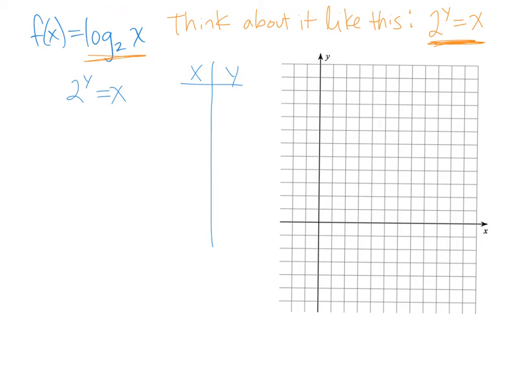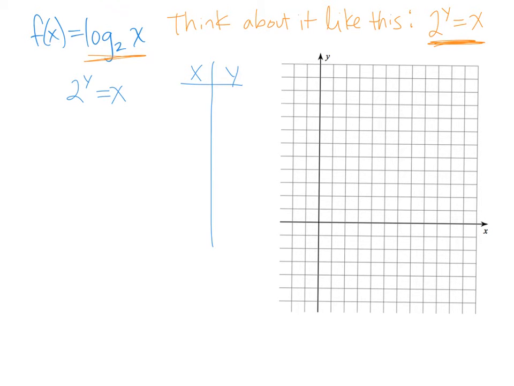If I plug in my x with our usual 0, 1, 2, 3, 4, it's going to be a little bit difficult for me to come up with the exponents that equal that. But if I plug in my y, it'll be easier for me to identify the x that corresponds to that. Please note, I'm not saying that my y is the independent variable. That's not what I'm saying. But for our purposes here, it's going to be a lot easier to calculate what x corresponds with y on the graph.